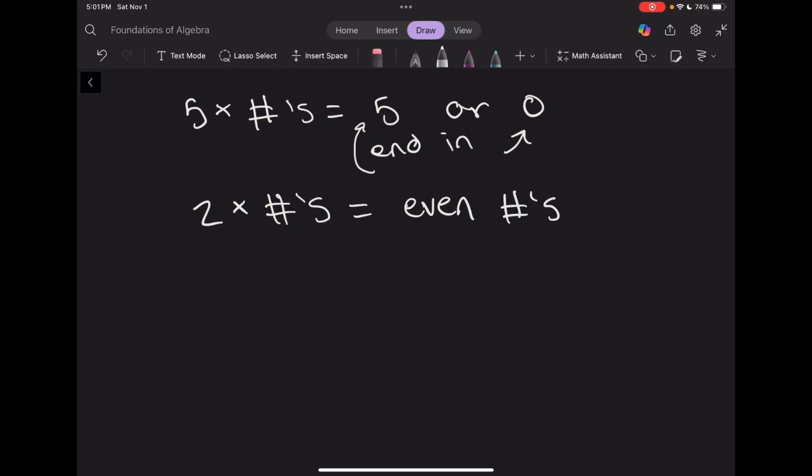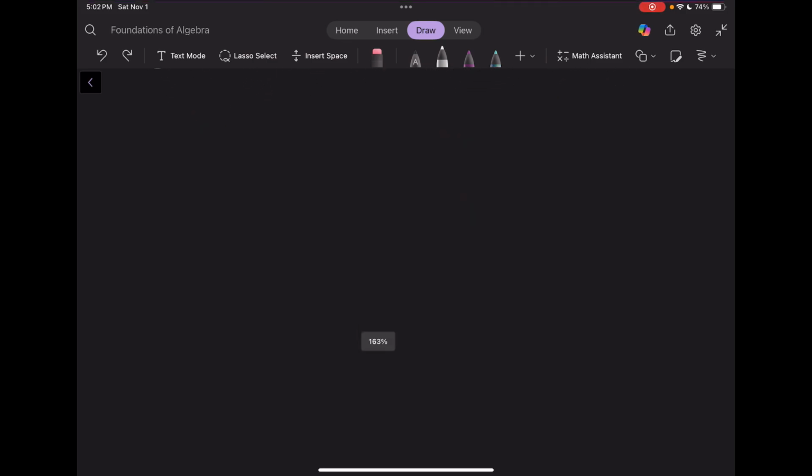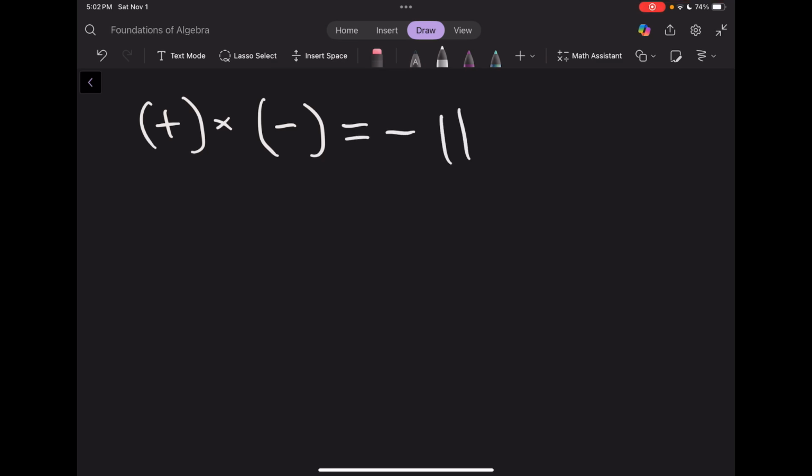Try and see if you can spot any other patterns when it comes to multiplying numbers. Alright, so multiplying positive and negative numbers. If I'm multiplying a positive number times a negative number, I'm going to get a negative number.